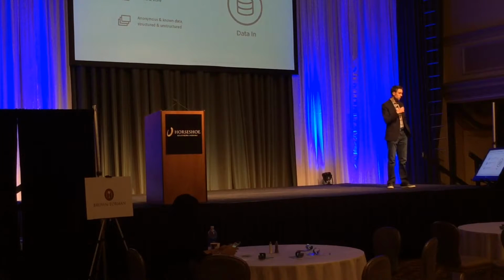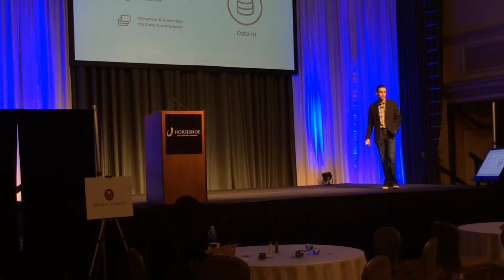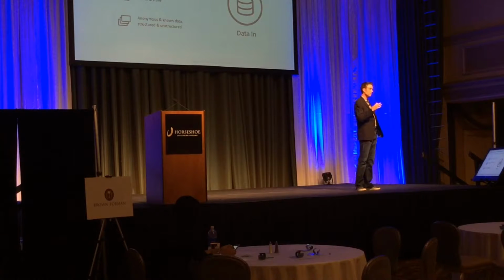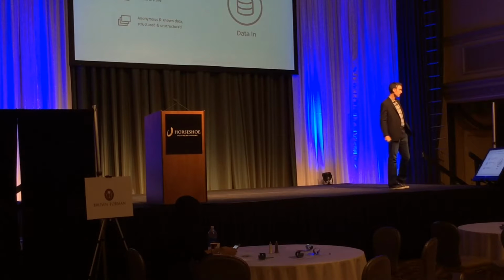And so these systems need to be able to combine this anonymous data. So with third-party data, you don't necessarily know it's David Hibbs that's in this particular segment, but you know that he's interested in electronics or mobile phones, and so you have that ability to reach back out. But then it also includes known data.